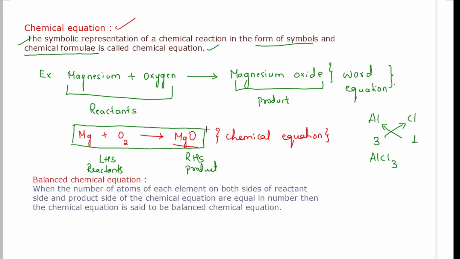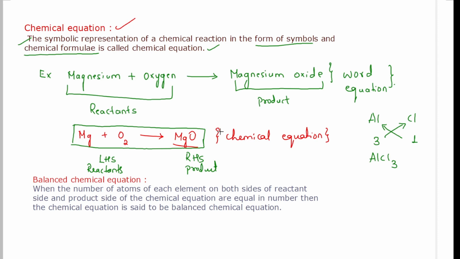Is it possible? Can we destroy any matter or can we create any matter? It is a straightforward answer that we cannot create any matter. Matter can neither be created nor be destroyed. You know this law. According to law of conservation of mass, mass can neither be created nor be destroyed.